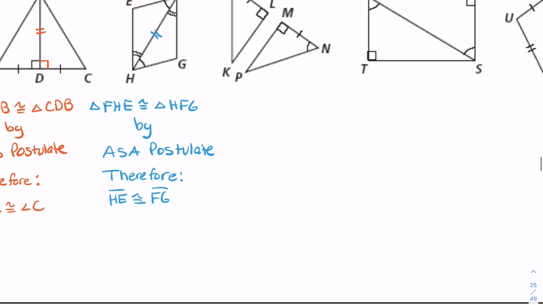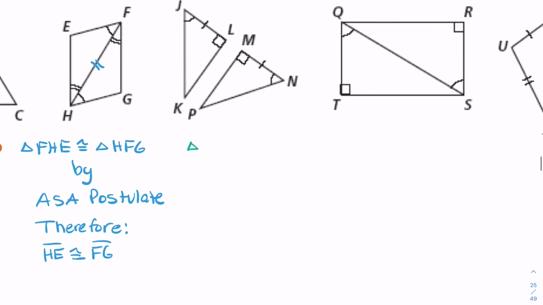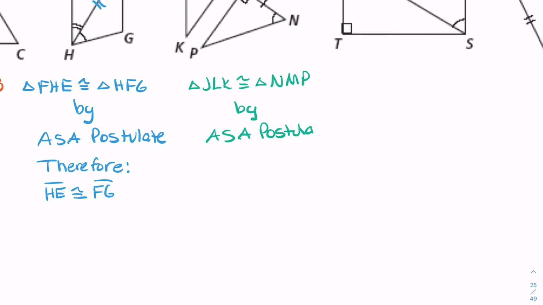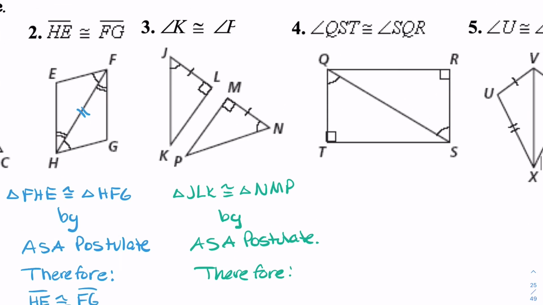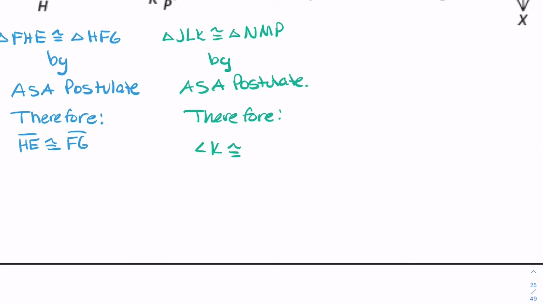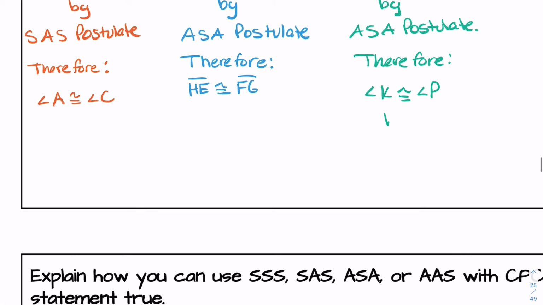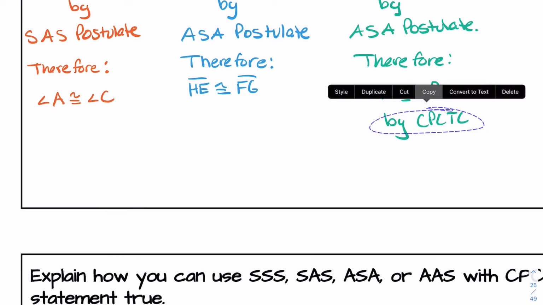All right. Triangle JLK is congruent to triangle NMP by angle side angle. Therefore, angle K is congruent to angle P. Oh, you know what? For all of these, I should say by CPCTC. My apologies. That needs to go for all of these.